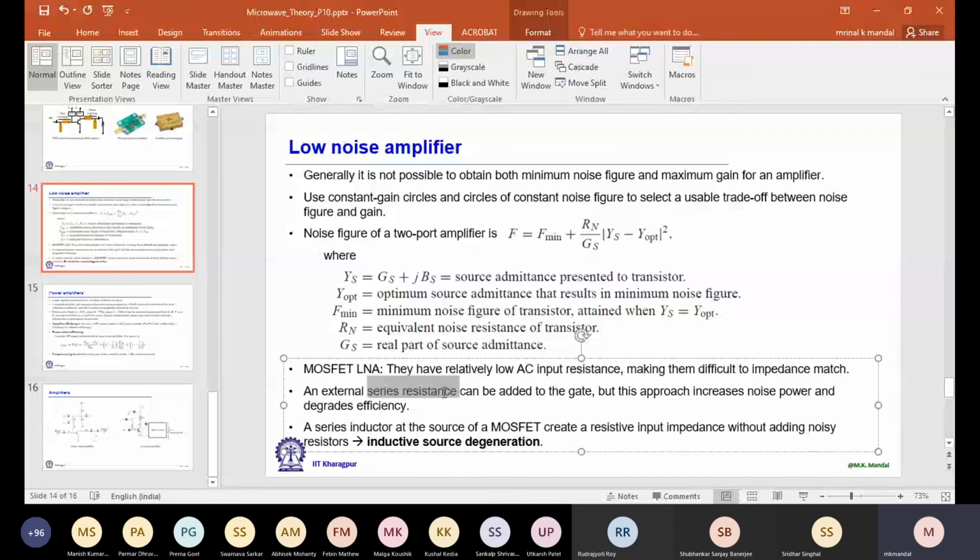You can use series resistance, but that will increase noise. Then practically what we do for RFIC design, we use an inductor instead of a resistor, but that will decrease your gain slightly. It's called inductive source degeneration.